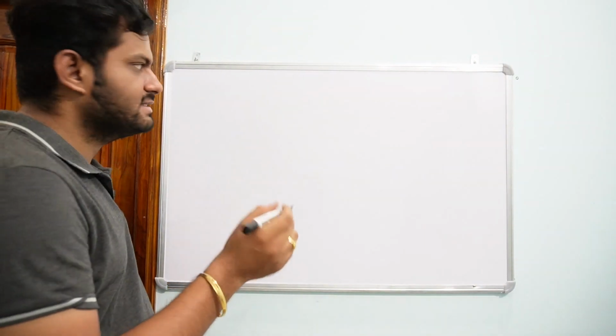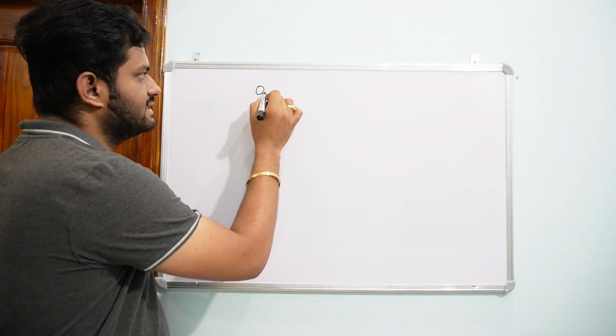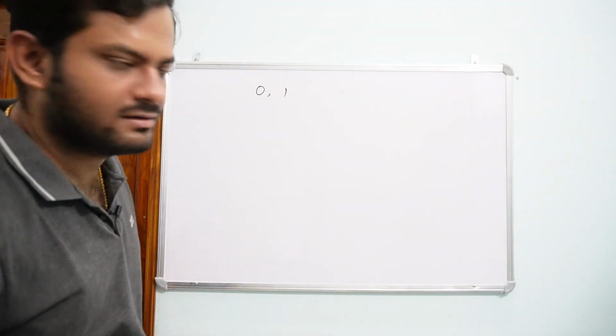So guys, in the binary system you have 2 digits, 0 and 1.